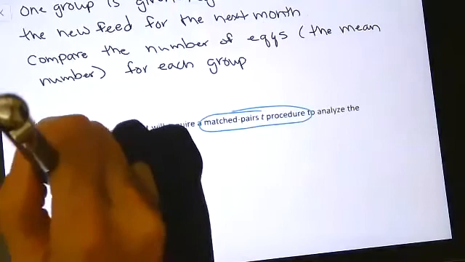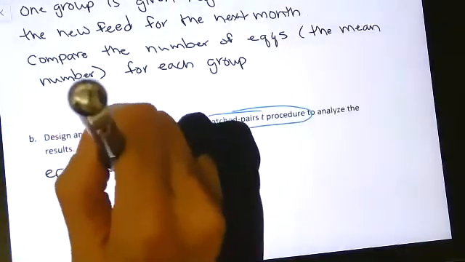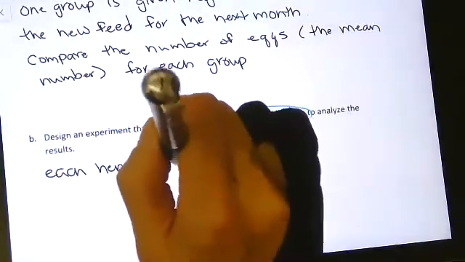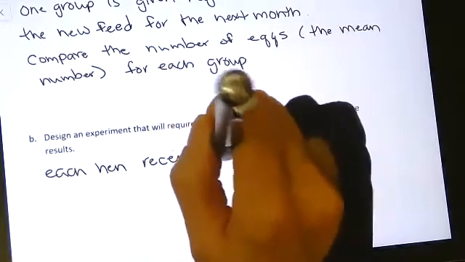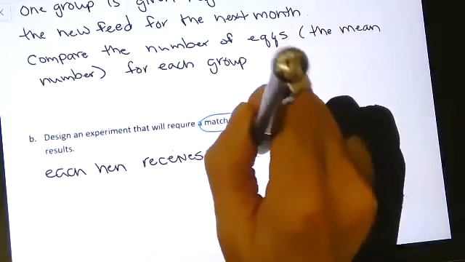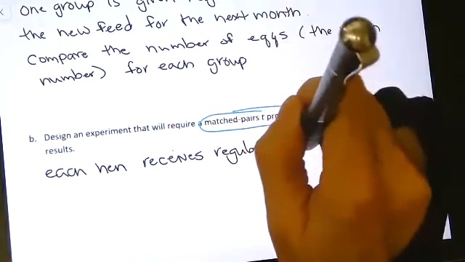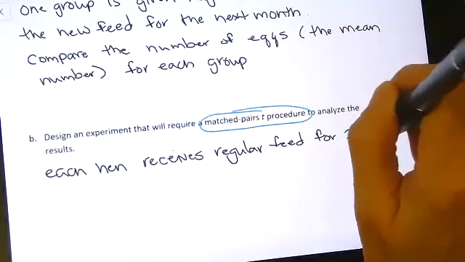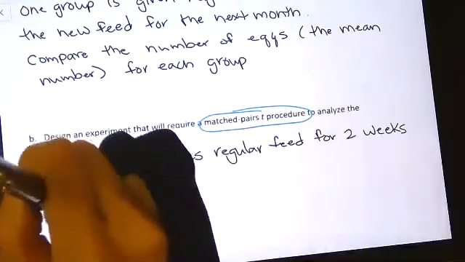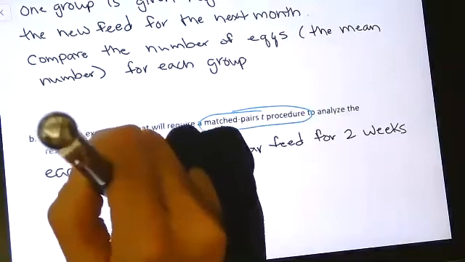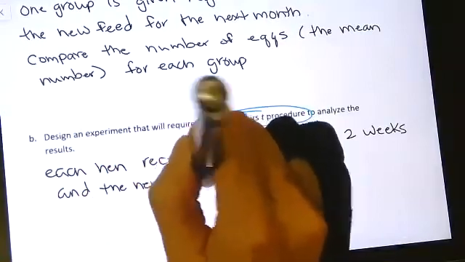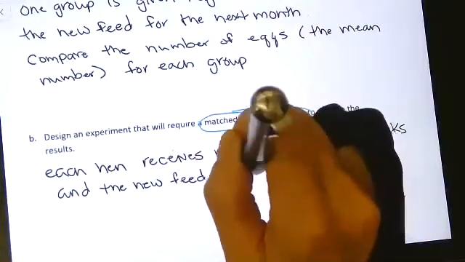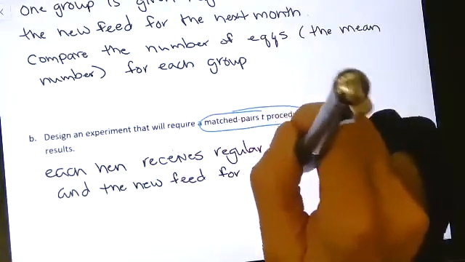So each hen receives regular feed for 2 weeks, because we want to do this for a month, and the new feed for 2 weeks. So that'll take care of our month.